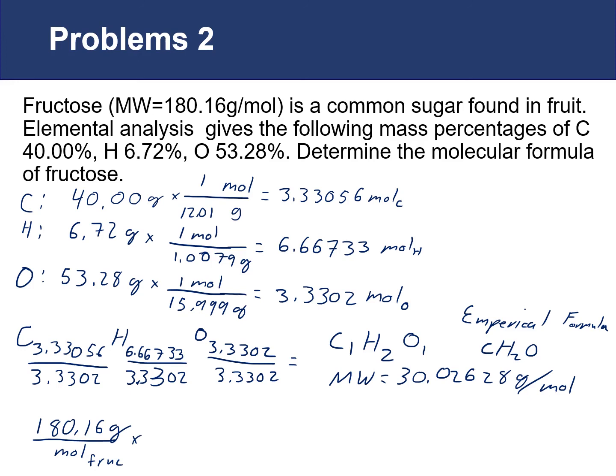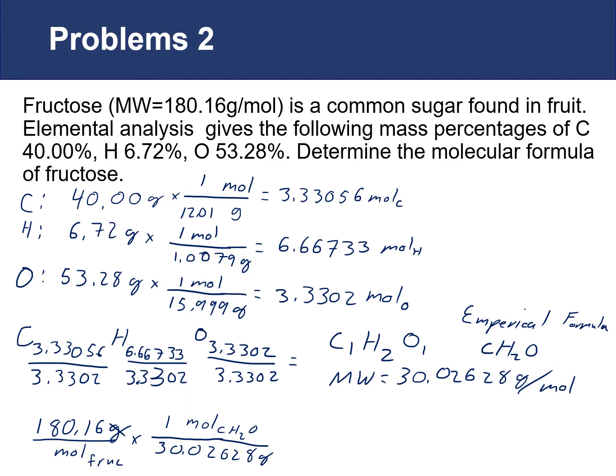We want to know how many sets of our empirical formula are there in our overall molecular weight. So we can take the grams per mole of fructose, multiply that to determine how many moles of our empirical formula are in 1 mole of our fructose. So 1 mole of CH2O is 30.02628 grams.